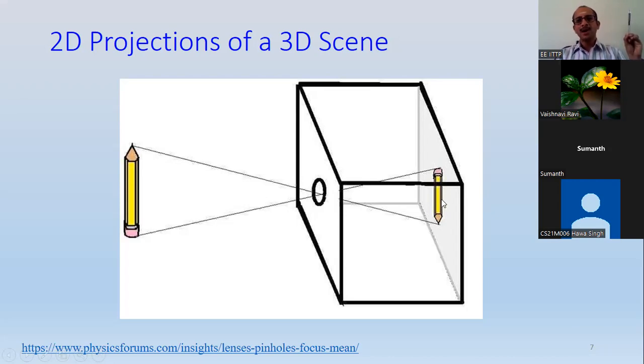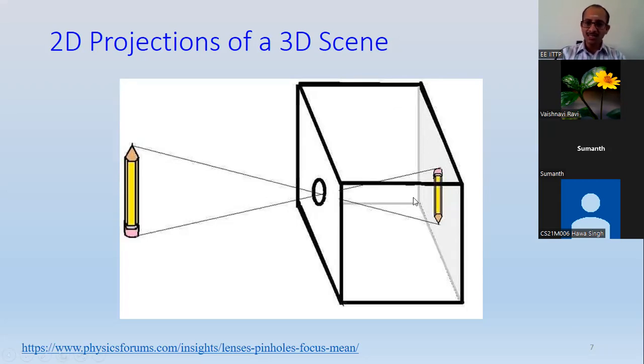Pixel means picture element. Usually there are CCD sensors or CMOS sensors. For example, if we say a 1 megapixel camera, then there will be a 1000 cross 1000 CCD array or CMOS array of sensor elements.